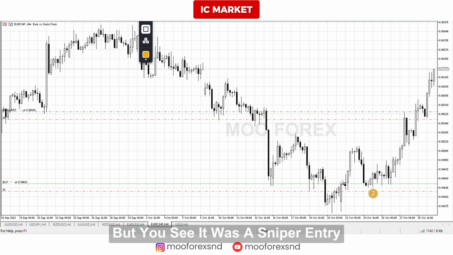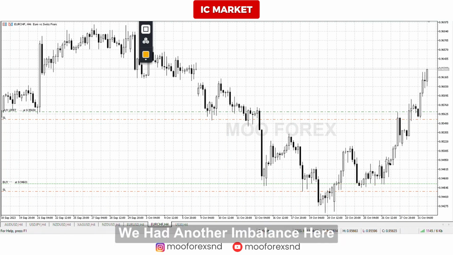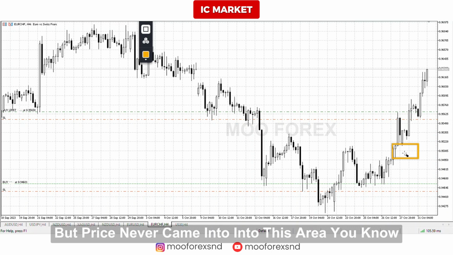But you see, it was a sniper entry, stop loss like 11 pips. And then we had another imbalance here, but price never came into this area.